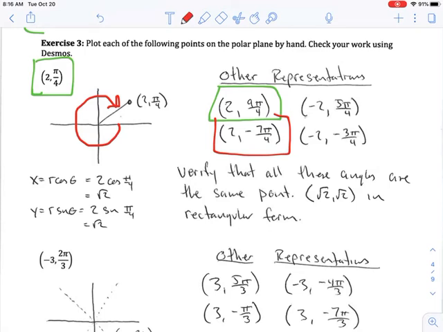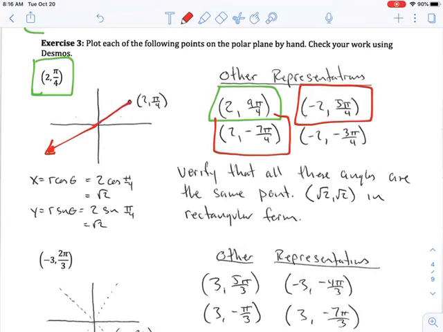Well, we can also do it with a negative radius. Yes, we can actually have a negative radius. So in this particular example, I'm going to the angle 5 pi over 4. Well, the angle 5 pi over 4 is going to be down here, directly opposite that angle up here.